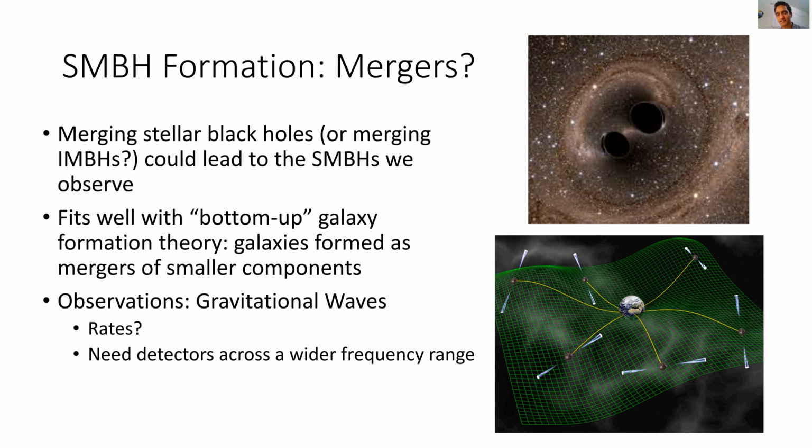So the picture on the right here is a quick sketch of one of those proposed experiments that broadens the frequency range. It's called a pulsar timing array. A pulsar is each of these little dots with the beams coming out of them. They're interesting compact objects on their own. I'm not going to talk about them too much, but roughly, they have very, very fast rotation or precession periods, and they act like really, really well calibrated clocks.